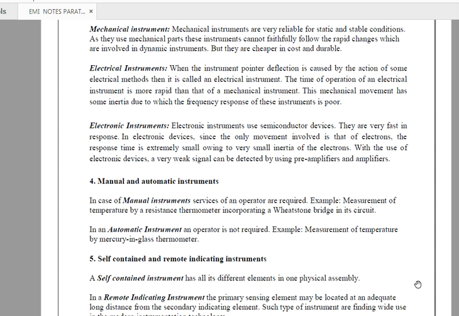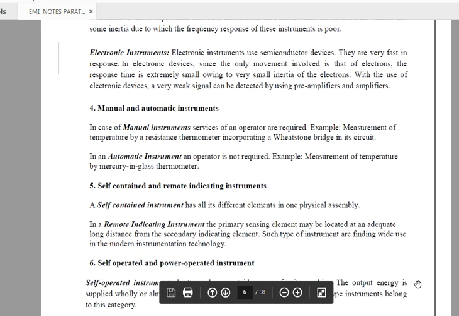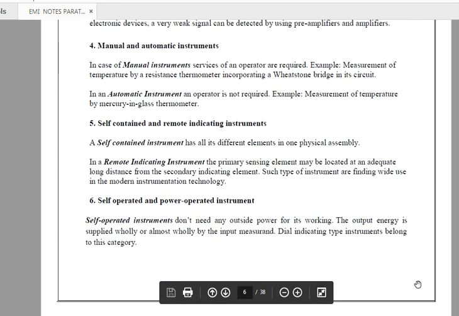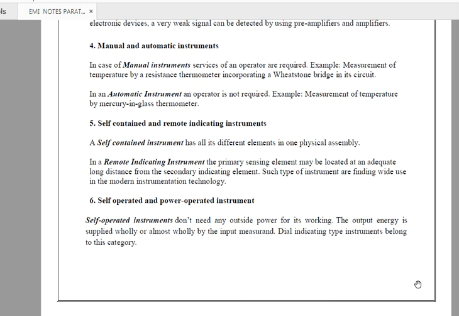Then the fifth type of measuring instrument is self-contained and remote indicating instruments. Now we will discuss self-contained and remote indicating instruments. A self-contained instrument has all its different elements in one physical assembly.